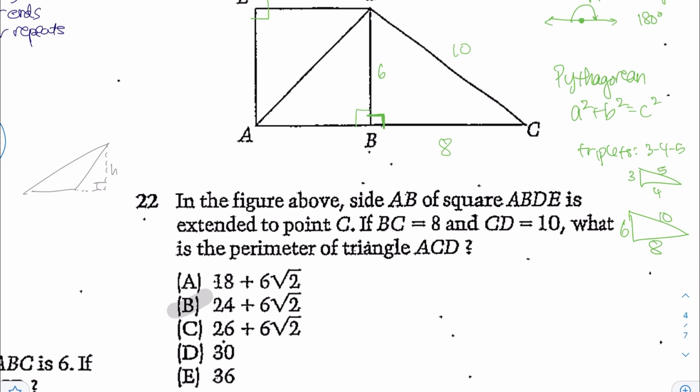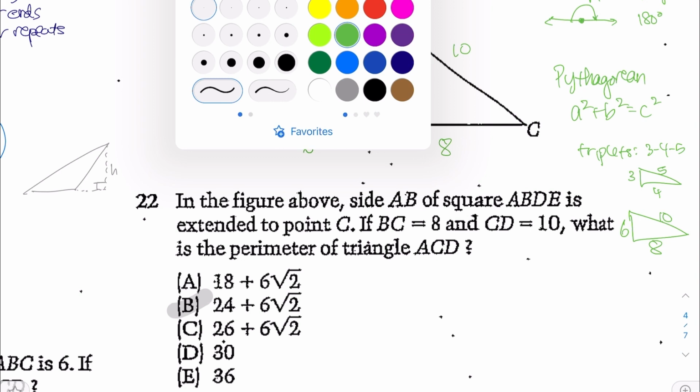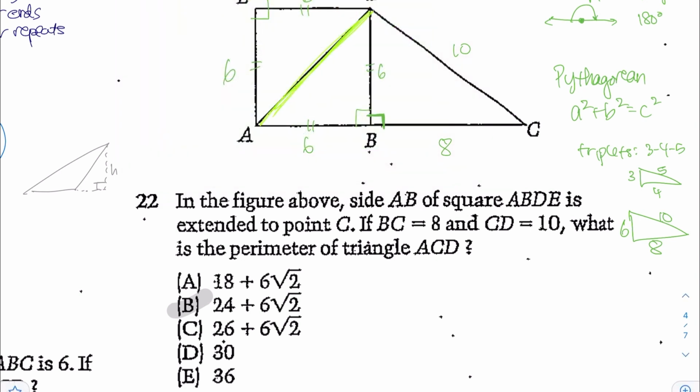And that tells you that the square, since all the sides are equal in a square, all these sides are going to be 6. And now, when you have this diagonal inside the square, you make another special right triangle. This one's called a 45, 45, 90 special right triangle, or an isosceles right triangle.